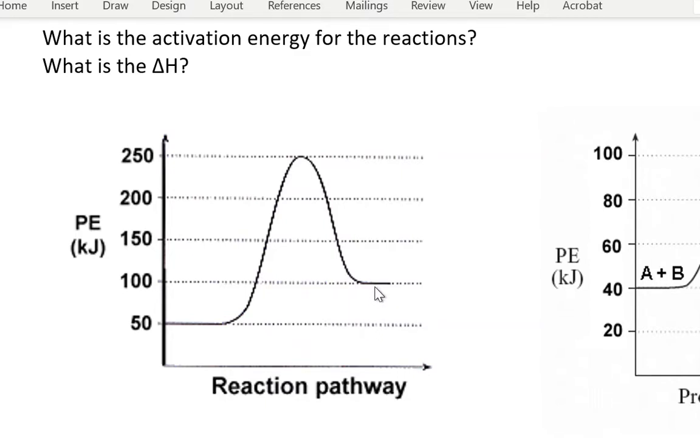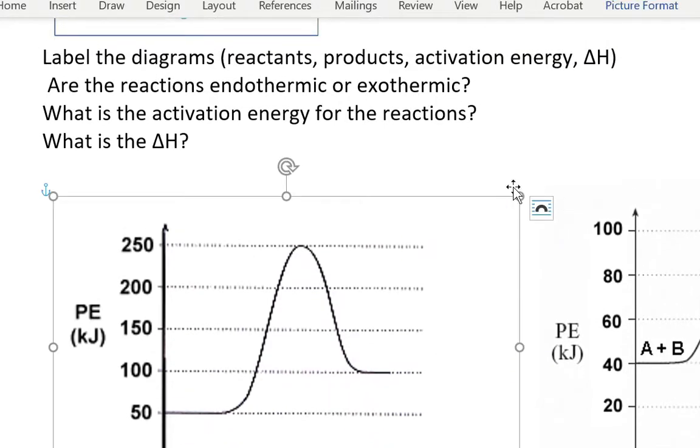This one is going to be positive because we have gained in energy. So we have our reactants, our products, our activation energy, and our delta H. All right, I think I'll leave you to do the rest of the energy diagrams.